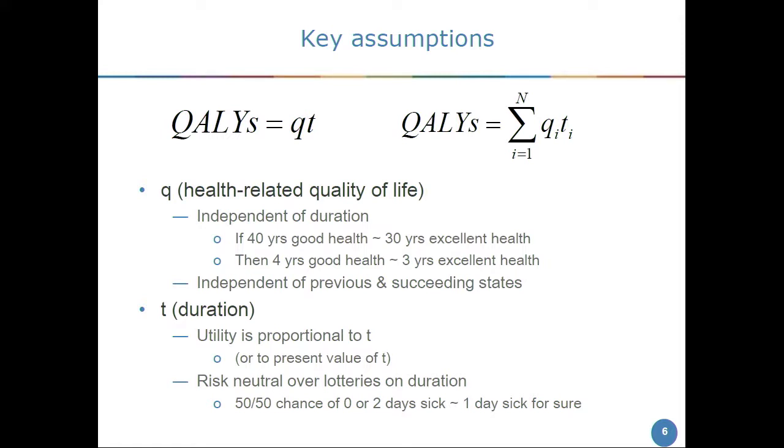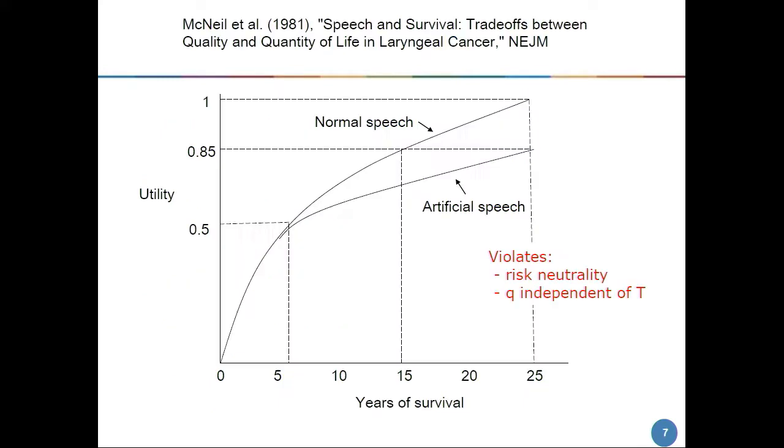Second, it's linear in T, or maybe the present value of T, but that implies people have to be risk neutral in T, or risk neutral in the present value of T if it's discounted. So for example, you would need to be risk neutral on lotteries on duration. A 50-50 chance of being sick for 2 days or not sick has to be just as good as being sick for 1 day for sure.